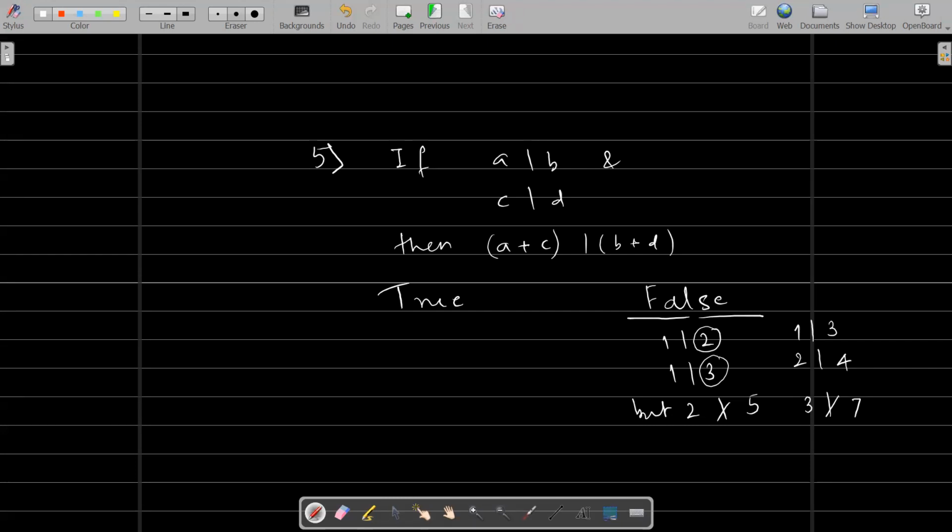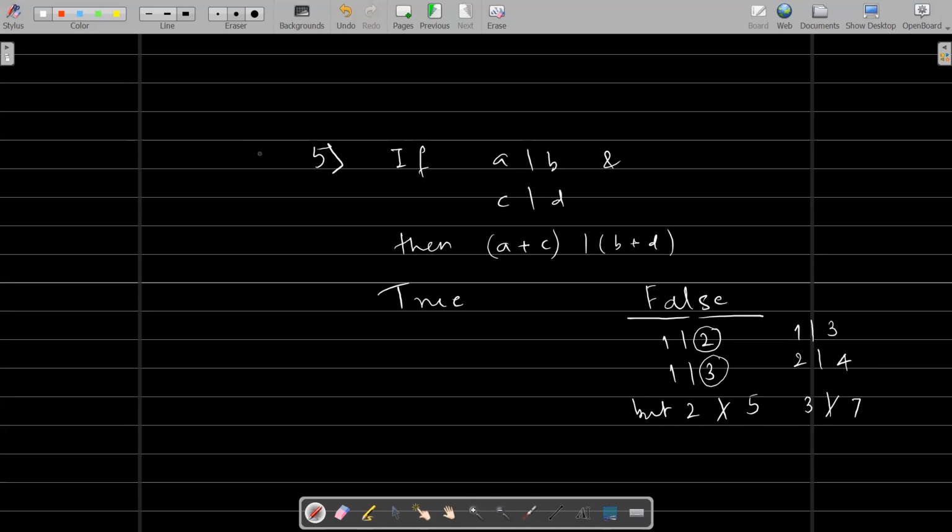Yes, Kia. Sir, if you know that if A divides B, then A into Q1 is equal to B, where Q1 is a natural number. Yes. Then C divides D, then C into Q2 is equal to D. Yes.